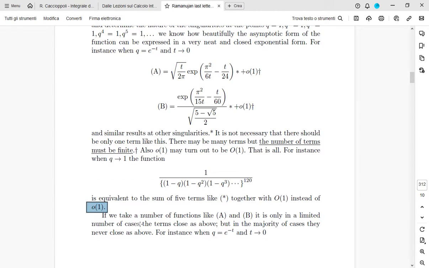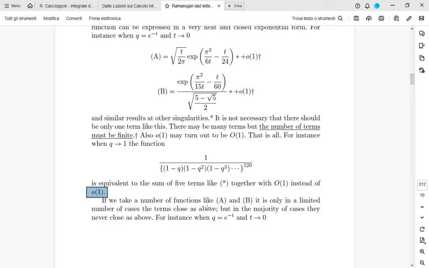If we take a number of functions like A and B, it is only in a limited number of cases that the terms close as above, but in the majority of cases they never close as above.